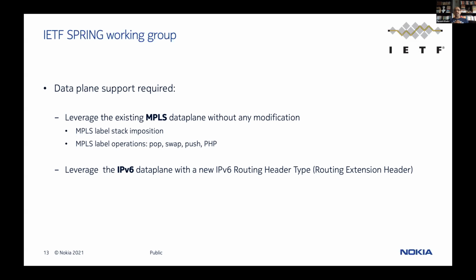Now the thing about IPv6 is that the data plane mechanism in IPv6 is actually new. So that requires new hardware and software that supports that mechanism, because source routing is not something that is implemented in this fashion for IPv6 in a lot of hardware that is out there today.